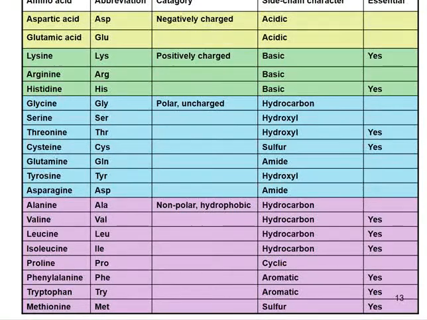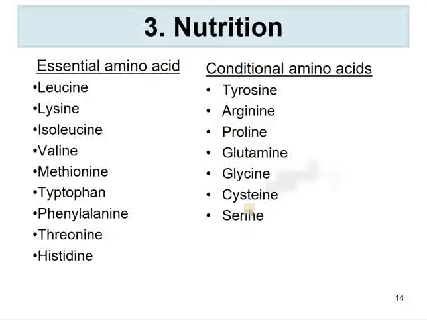As you can see, I've summarized some of the essential amino acids here. Of the essential amino acids, you have leucine, lysine, isoleucine, and so forth. Everything else that is not on the left-hand side is non-essential amino acids. However, we also have what we call conditional essential amino acids.